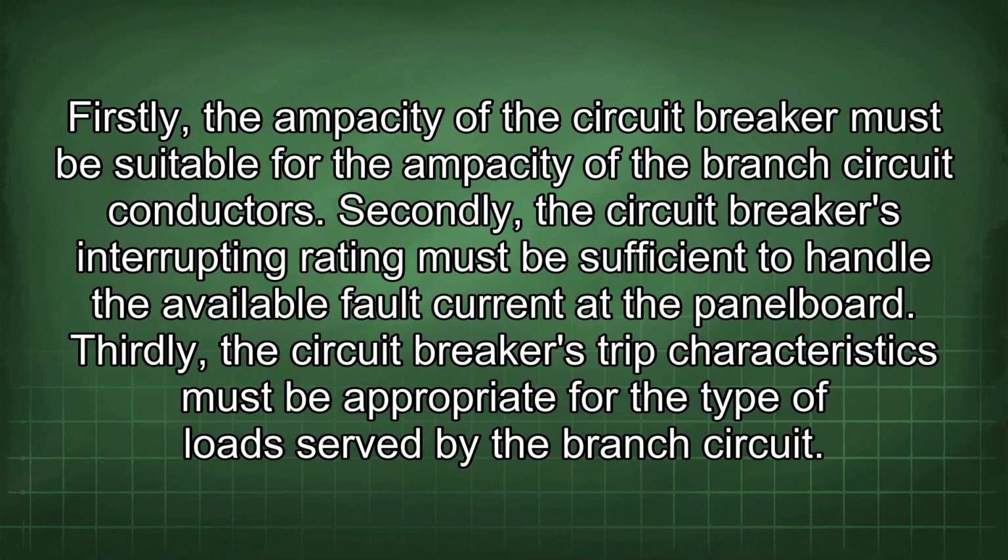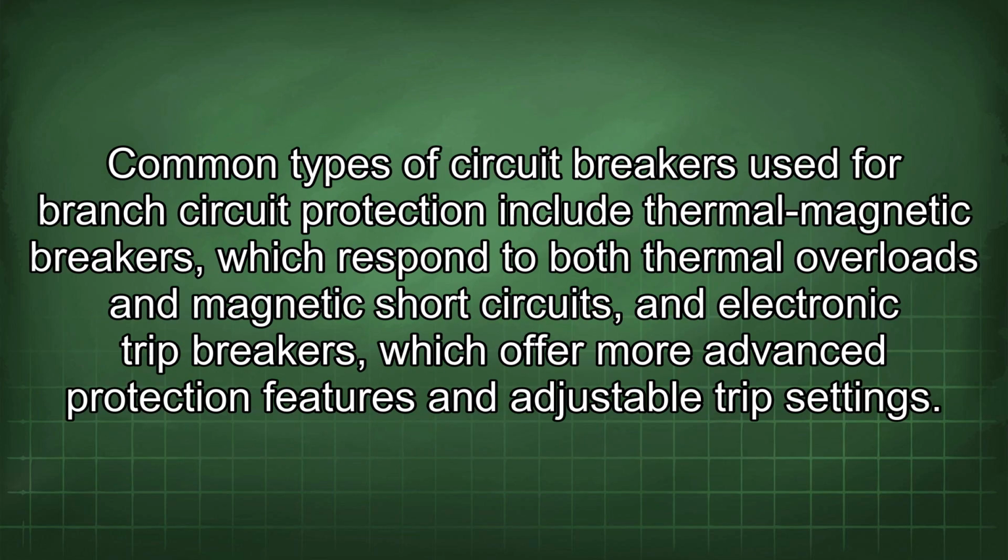Thirdly, the circuit breaker's trip characteristics must be appropriate for the type of loads served by the branch circuit. Common types of circuit breakers used for branch circuit protection include thermal magnetic breakers, which respond to both thermal overloads and magnetic short circuits, and electronic trip breakers, which offer more advanced protection features and adjustable trip settings.